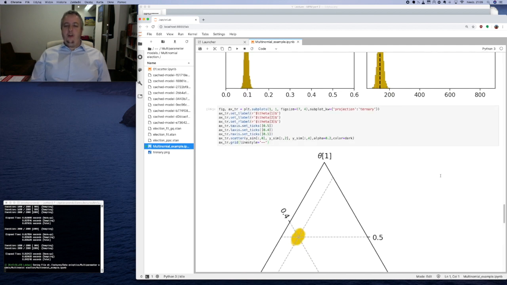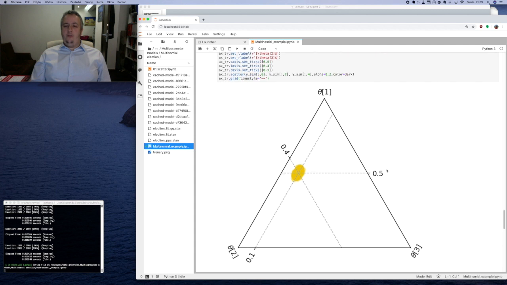And looking at the ternary plot, we can see that samples are very densely located around the intersections of those points, so we don't have thick tails. We see that our theta1 is around 0.5, theta2 is around 0.4, and theta3 is around 0.1.